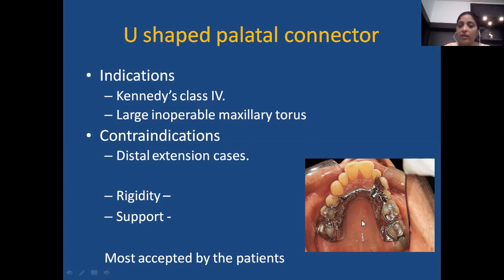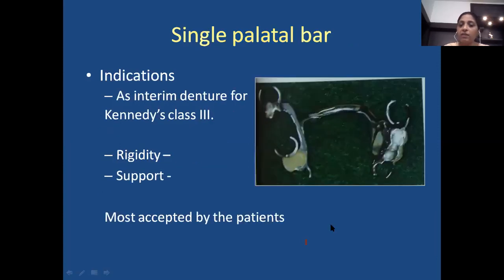So in these situations we can give this design, but we should be careful that this design is totally contraindicated in Kennedy's class 1 and class 2 situations where we have to replace the posterior teeth. The reason is that if we replace the posterior teeth with this design, as soon as the force is applied, there will be flexion in this major connector.